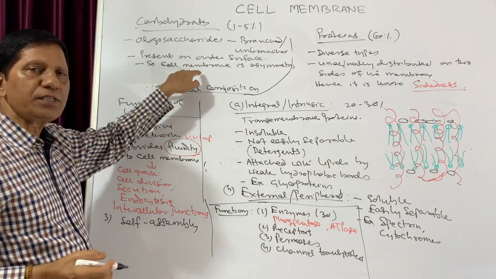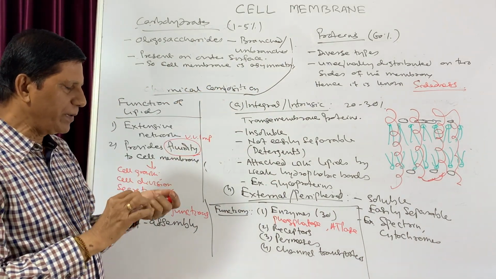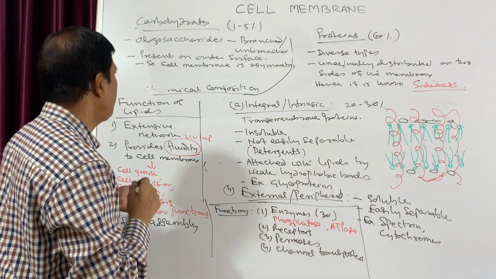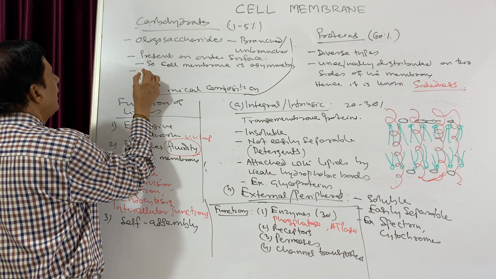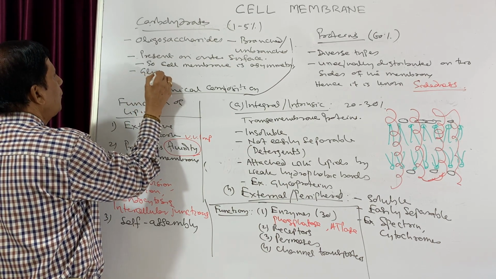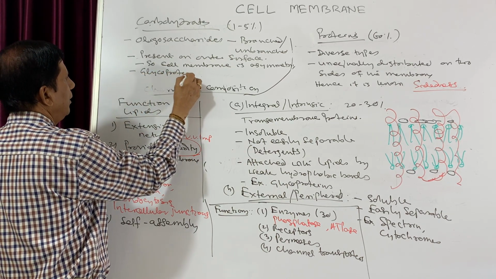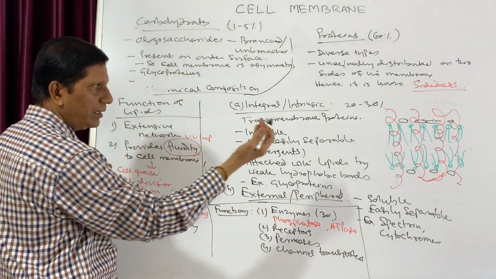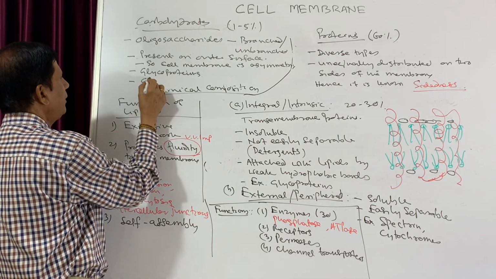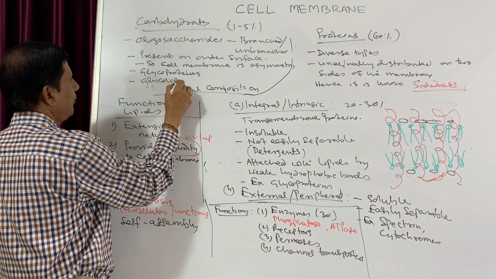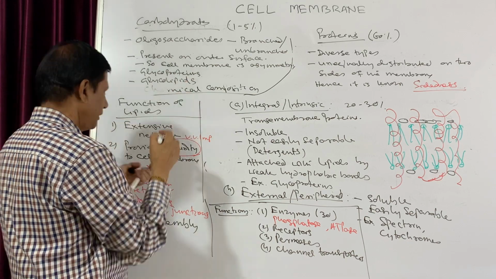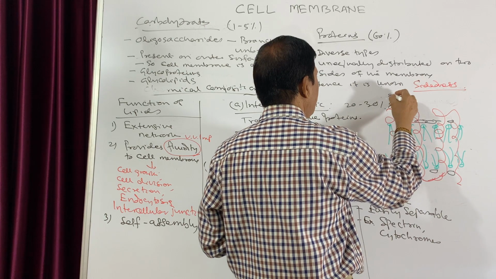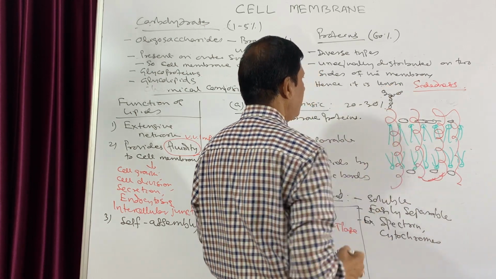Now, if these oligosaccharides are attached to the proteins, then they will be known as glycoproteins. And if they are attached to the lipids, they are known as glycolipids. That means, suppose to this protein it is present like this and branches like this. Here the oligosaccharides.